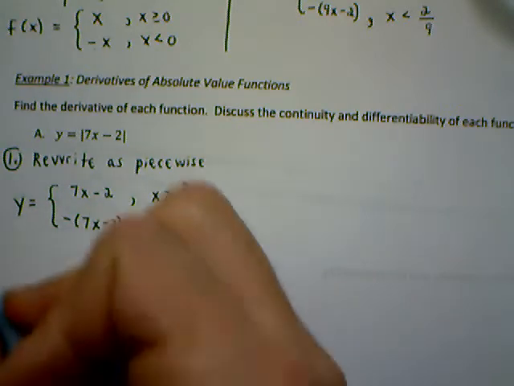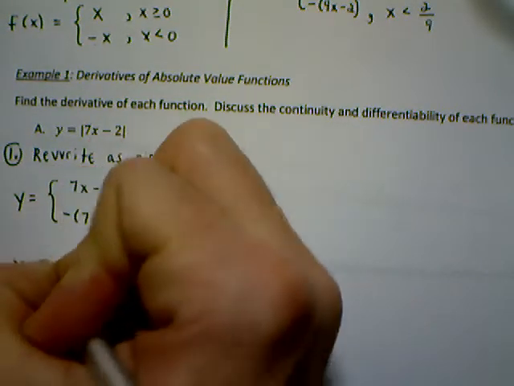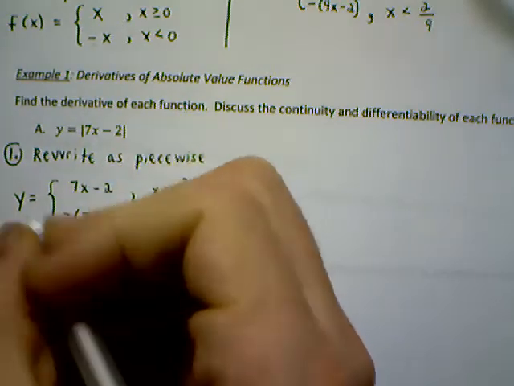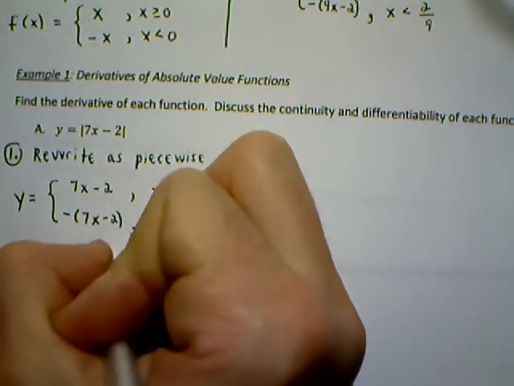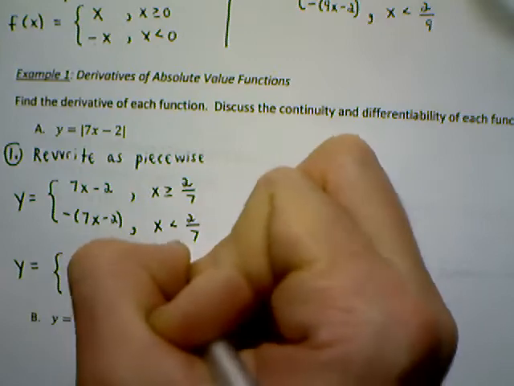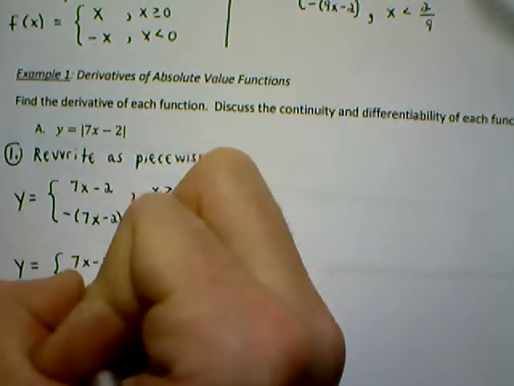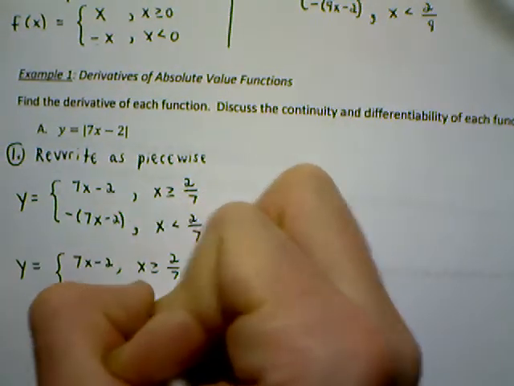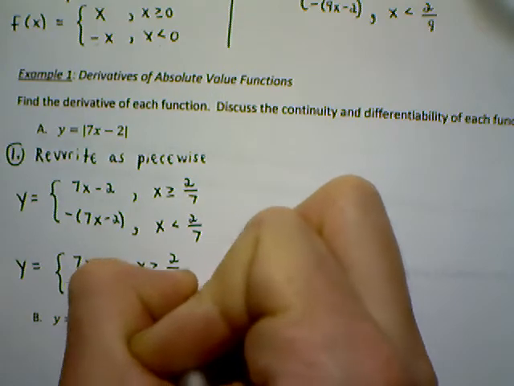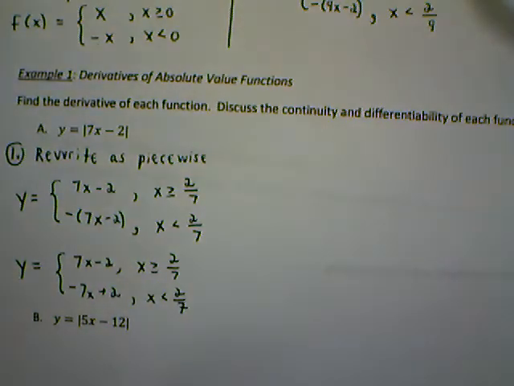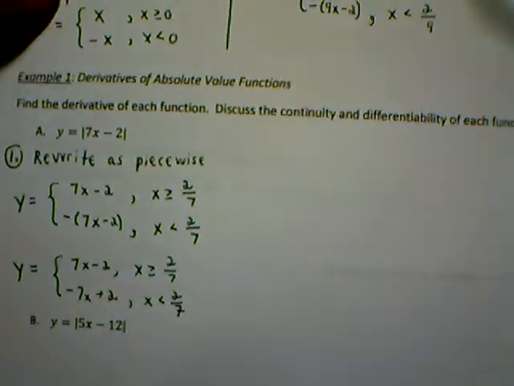All right, let's clean it up a little bit, and I'm going to have y equals 7x minus 2 when x is greater than or equal to 2/7, or negative 7x plus 2 when x is less than 2/7. Now the first thing is we have to discuss the continuity.